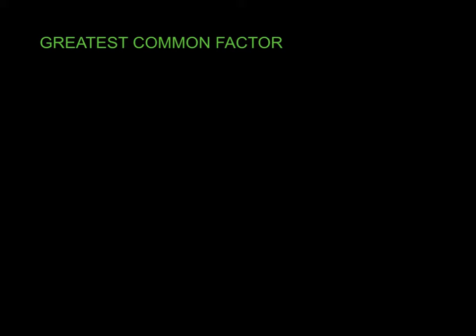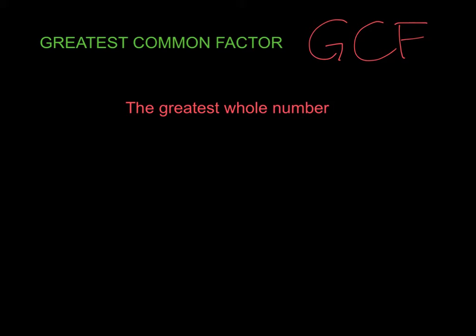So what is the greatest common factor, or as you might know it, GCF? Well, the greatest common factor is the greatest whole number, so it's not decimals or fractions.